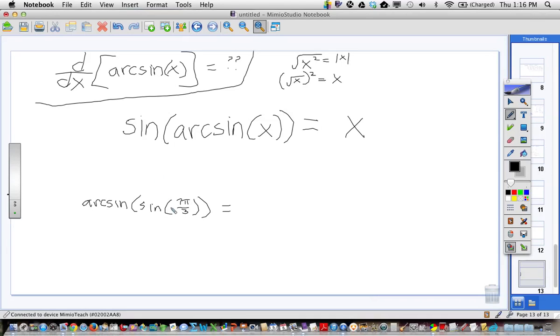What is sine of 7 pi thirds? 7 pi thirds is 6 pi thirds, which is 2 pi, and then another pi thirds. So what's sine of 7 pi thirds? Root 3 over 2. What's the arc sine of root 3 over 2? Pi thirds, right? Because we stick between negative pi halves and pi halves. So if this angle in here is not between negative pi halves and pi halves, you're not going to get the same thing out. There are domain issues if you do it in that order.